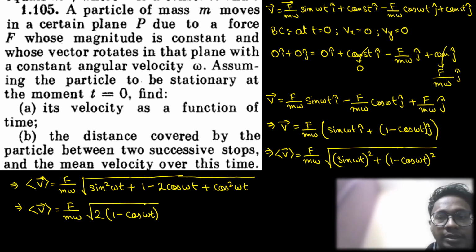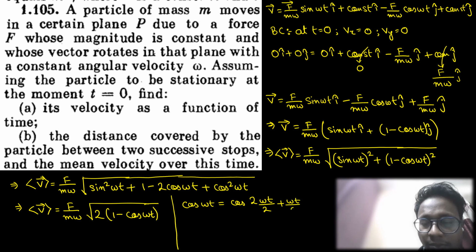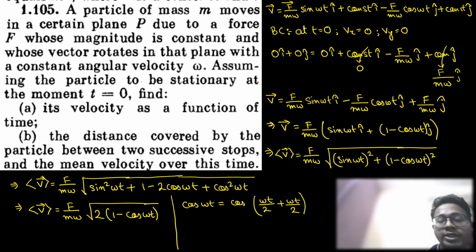Now from trigonometry, we know that cos omega t can be written as cos 2 into omega t by 2, or 2 into omega t by 2 can be written as omega t by 2 plus omega t by 2. Isn't it? What is cos a plus b?